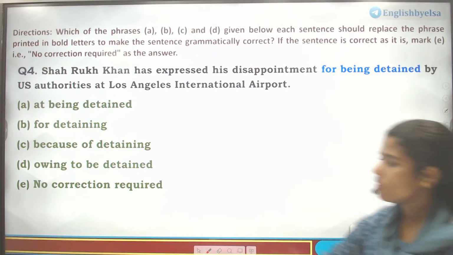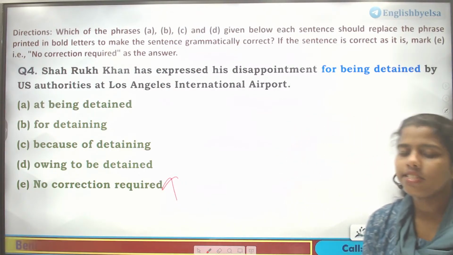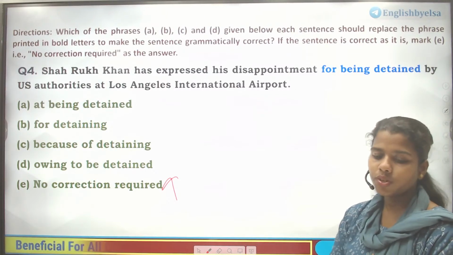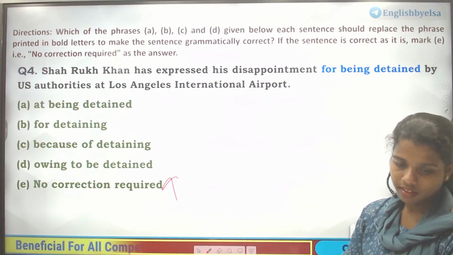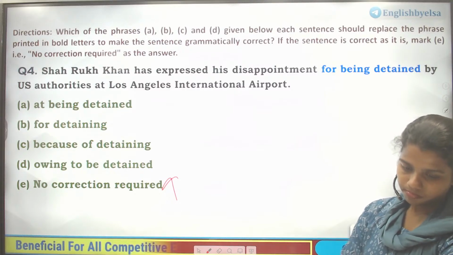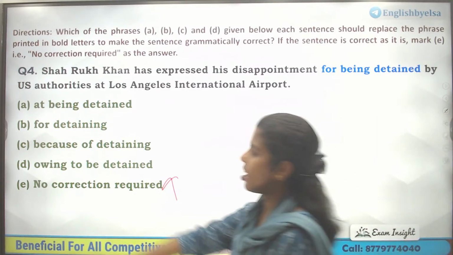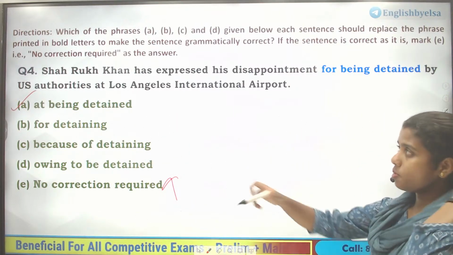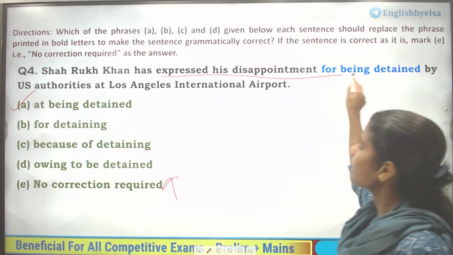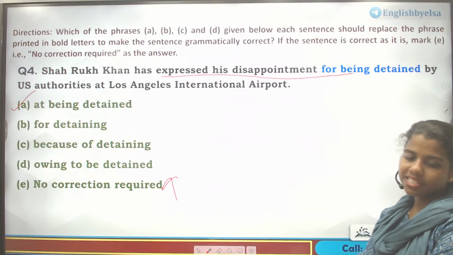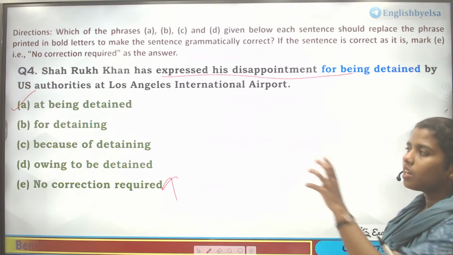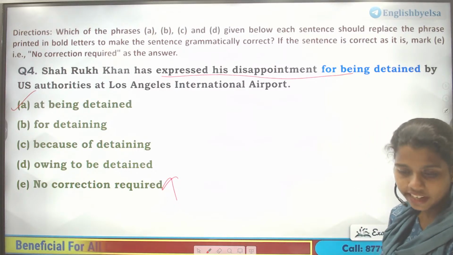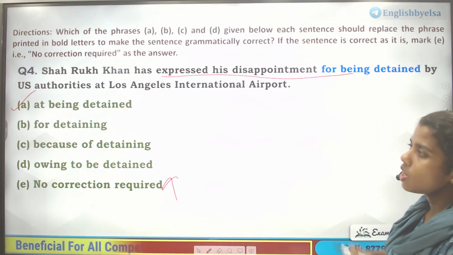Here also the hint is the written phrase is incorrect. What should I replace it with? Correct, A is correct. Expressed his disappointment at being. If you read the statement grammatically, the only option that makes sense is option A. That is why my answer is option A.